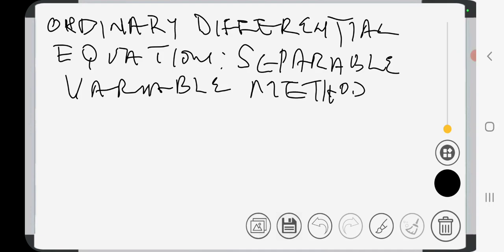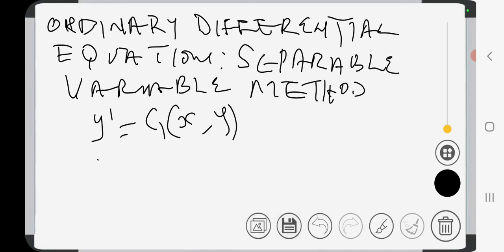Today we are taking a topic in mathematics, and that is ordinary differential equations by the separable variable method. Now, what do we mean by separable variable method? Let's say we have derivative y prime, given as a function in terms of variable x and variable y.